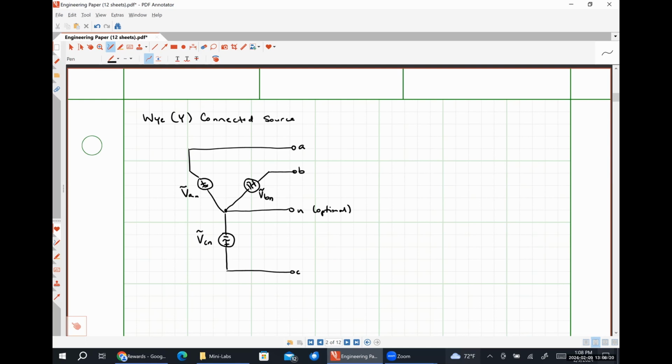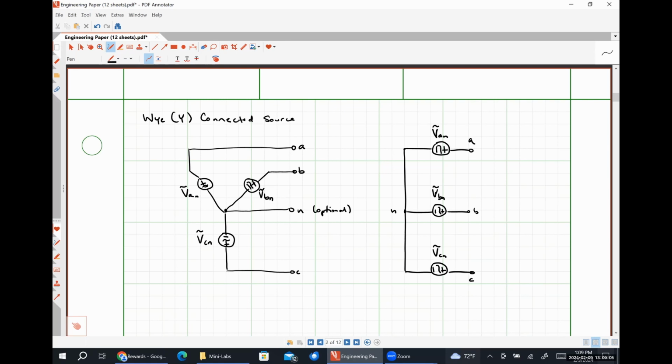So instead, I'm going to draw it exactly like I drew it before. This is my neutral conductor. Here's the A terminal, B terminal, and the C terminal, which makes this voltage VAN, this voltage VBN, and this voltage VCN.